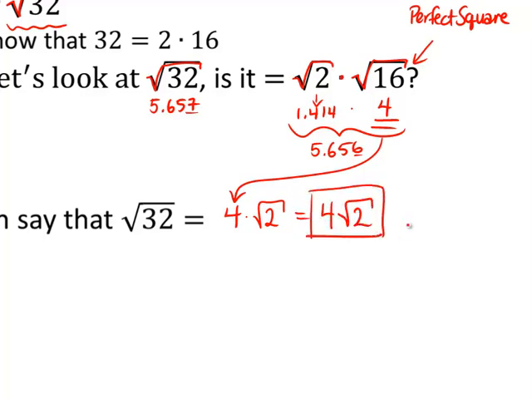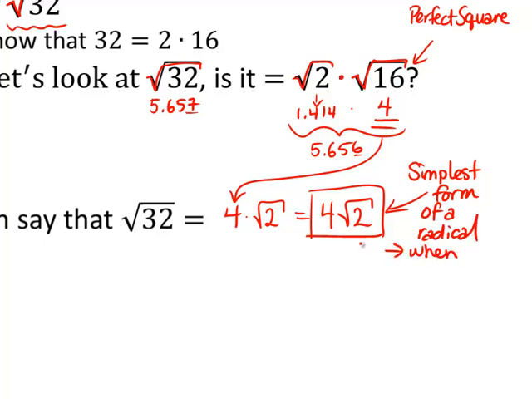Now this is probably the simplest way of writing it to keep it exact and to be able to combine this number with other similar numbers. In the next lesson, you'll see that. So this is the simplest form of a radical, and that's found when there are no perfect square factors in your root.